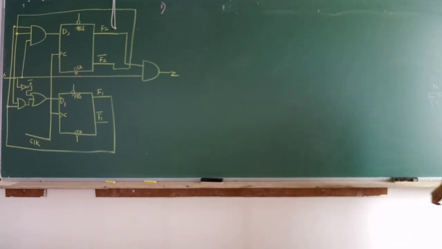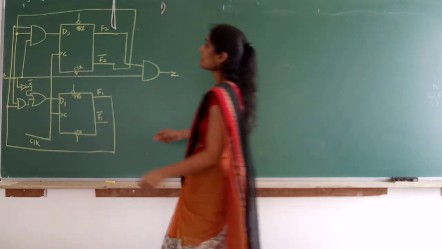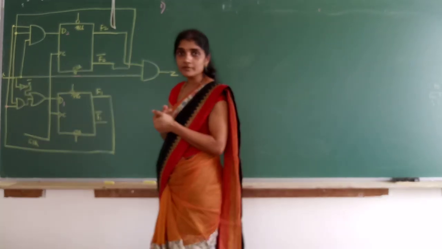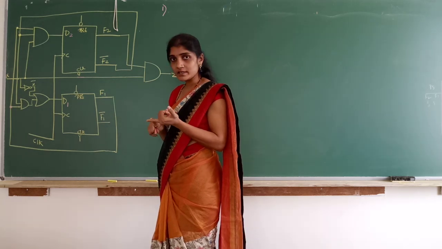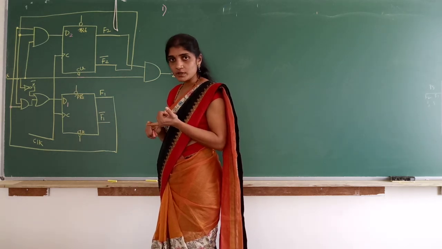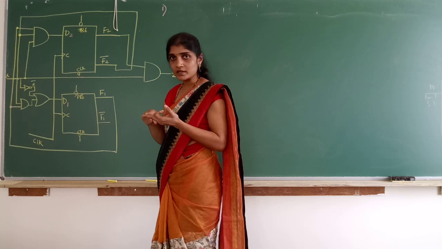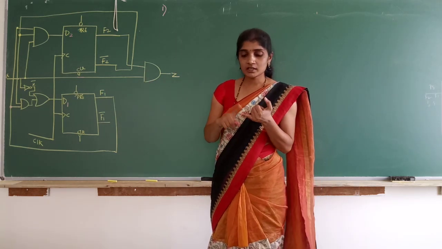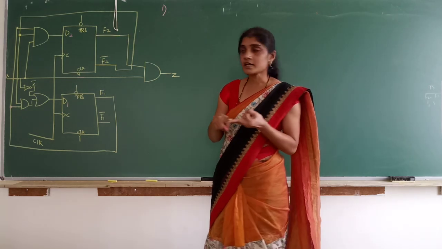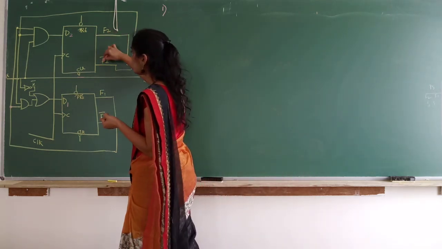Now what is the first step? Identify the system variables. What are system variables? System variables are nothing but state variables, input variables, and output variables, as we wrote within the bracket. So what are the state variables here?